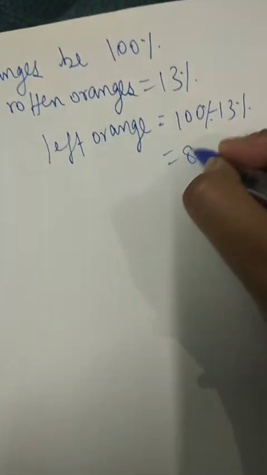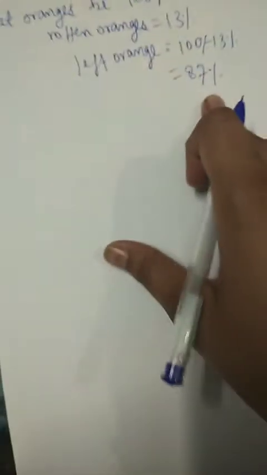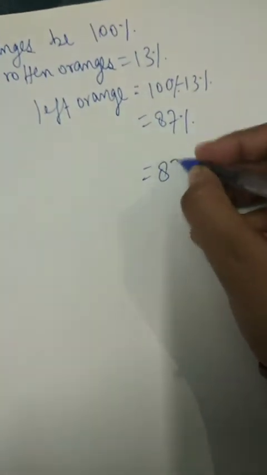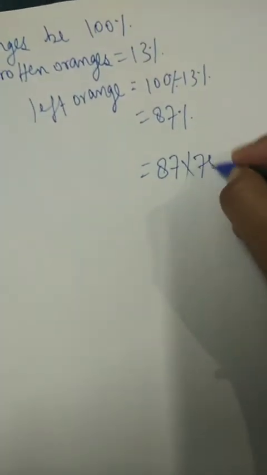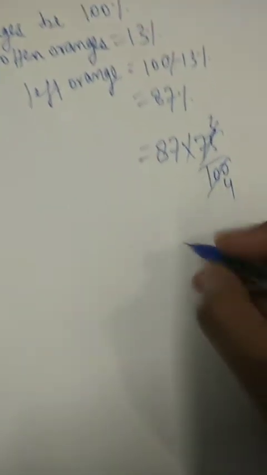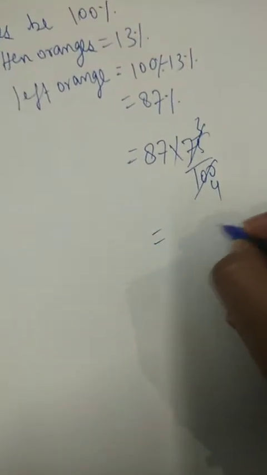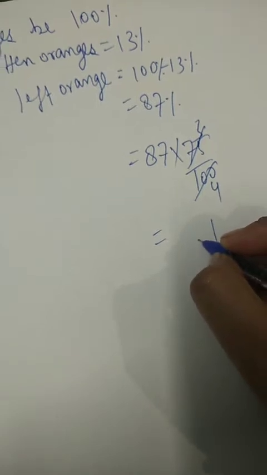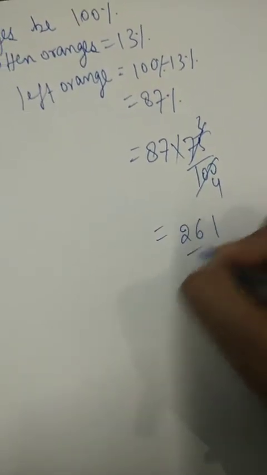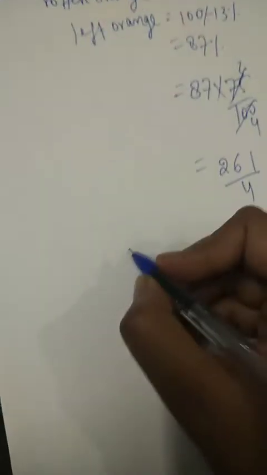So it will be equal to 87%. Now from this 87%, he gave 75% to charity. Now you have to find the left oranges.